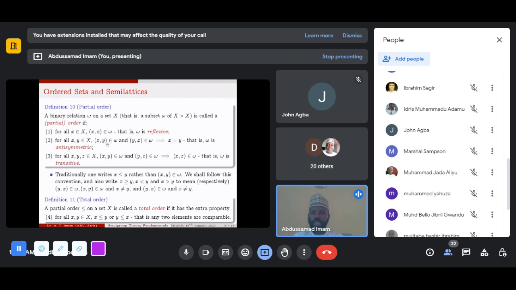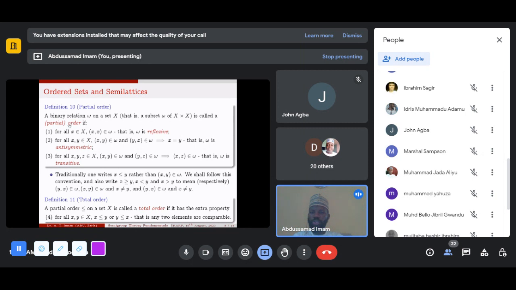Antisymmetric means whenever x relates to y and y relates to x, then x and y must be equal. Transitive means if x relates to y and y relates to z, then x relates to z directly. You remember we define an equivalence relation by replacing antisymmetry with symmetry. So if you have reflexivity, antisymmetry, and transitivity, then the relation is a partial order.